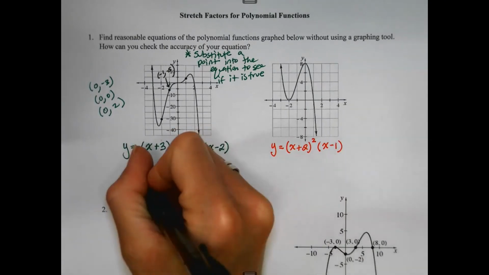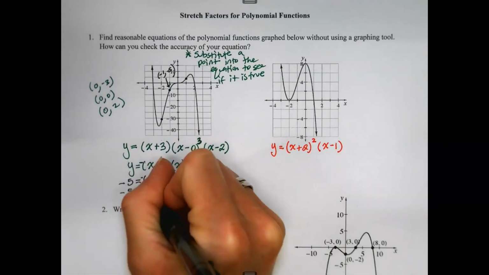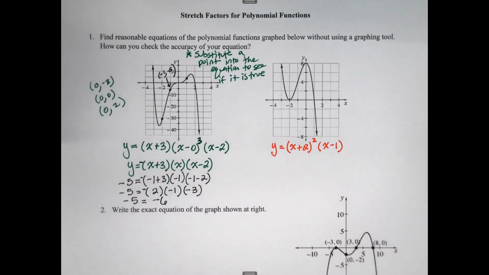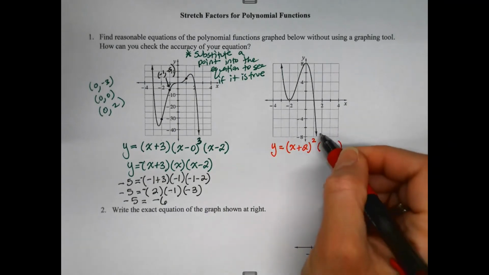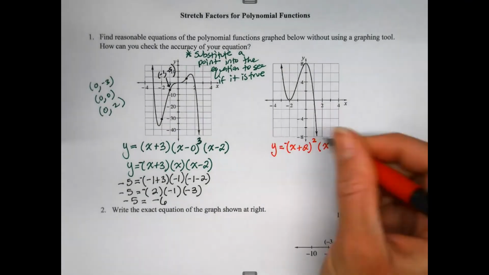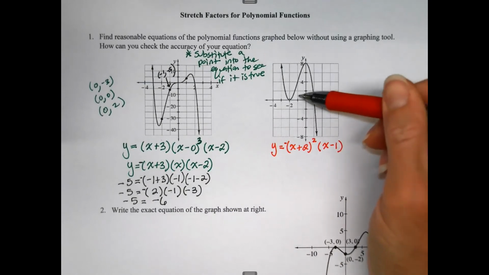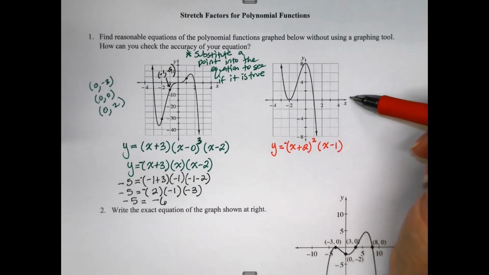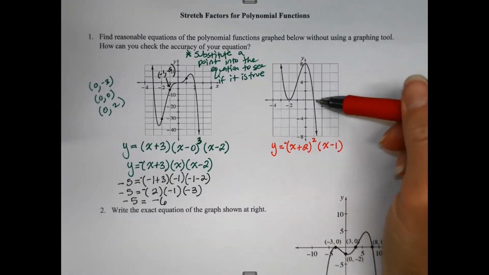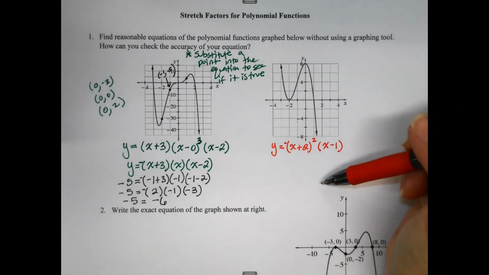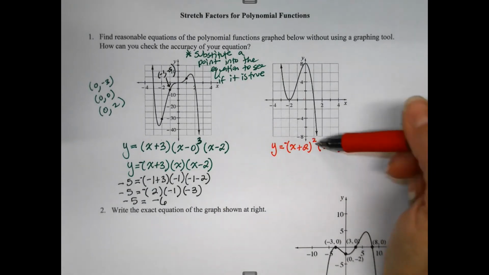We should have had a negative out here, which then would have made that -6. This also is negatively oriented, and we know it is negatively oriented because as our x values get very large, our y values are getting very, very small, or the right-hand side of this graph is going down.